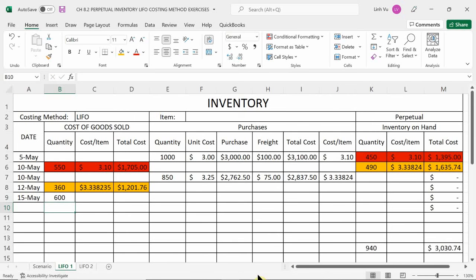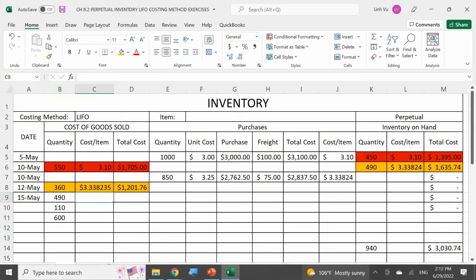Do I have enough in my orange batch? So you need 110 more. I only have 490 available. So 600 minus 490 means I need 110 more. And I'm going to add my numbers up together so I make sure I have 600.